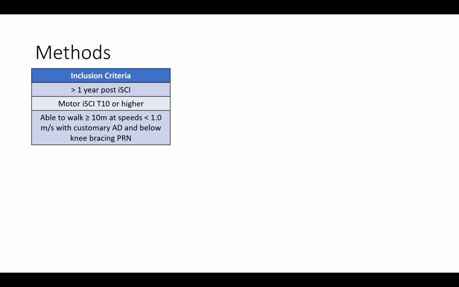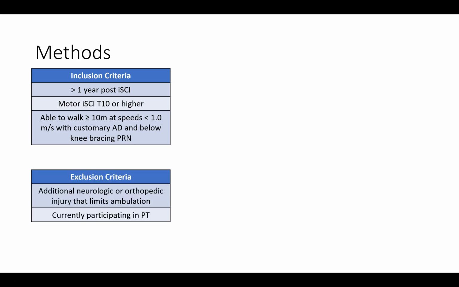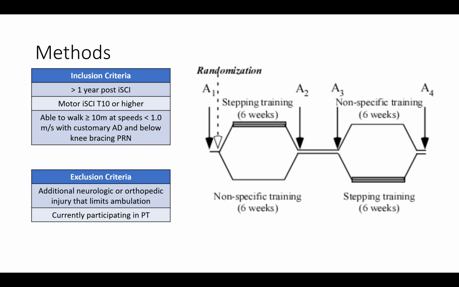They had to be at the level of T10 or above. And similar to the last study, they had to have some walking deficits, but also some level of walking function. We excluded individuals that had other neurologic or orthopedic injuries that might limit their walking, and they also couldn't be participating in other physical therapy at the same time.